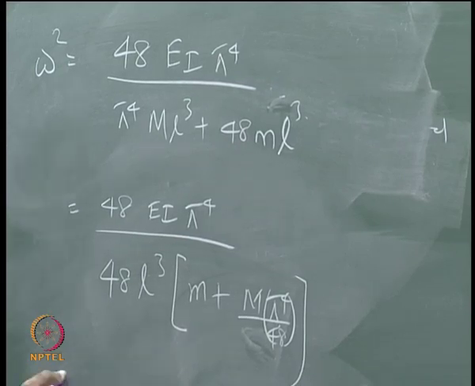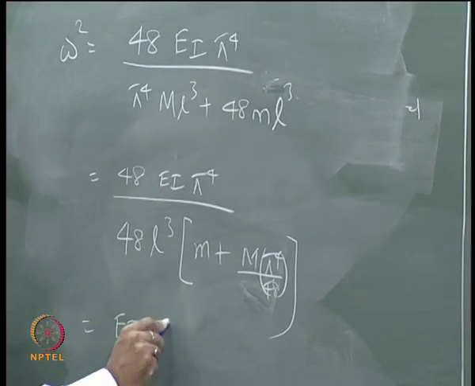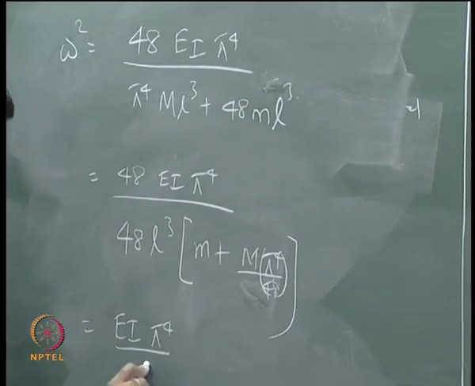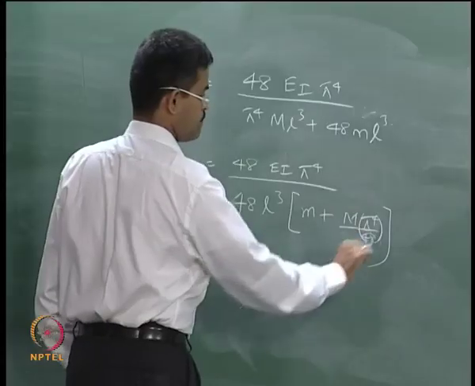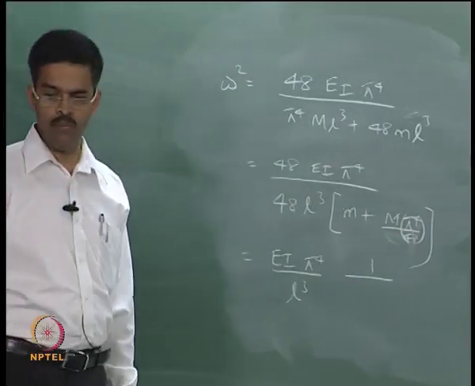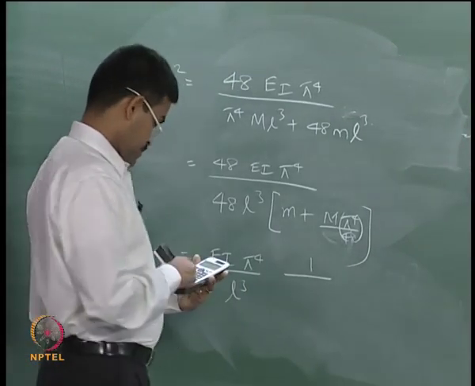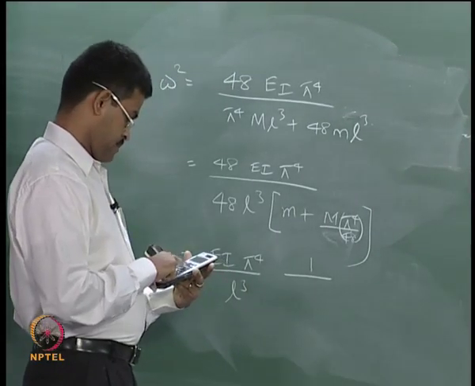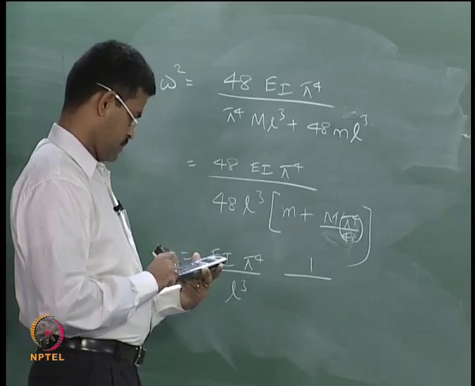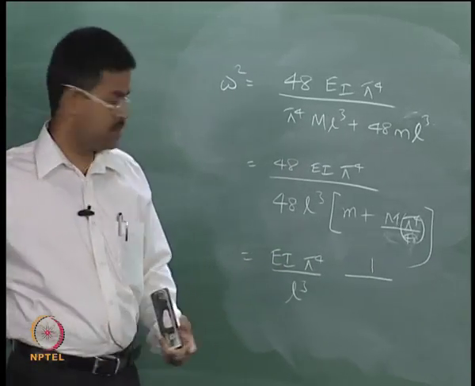So, this will turn out to be EI pi power 4 by L cube of 1 by this ratio will become 2.02. Yeah, this is 2.03 one can say.